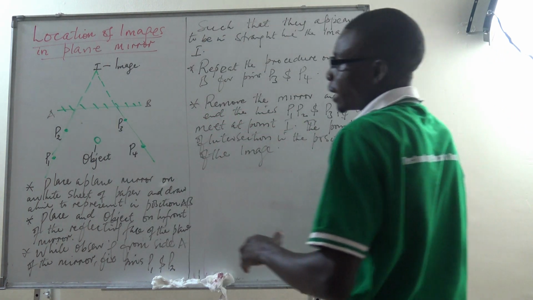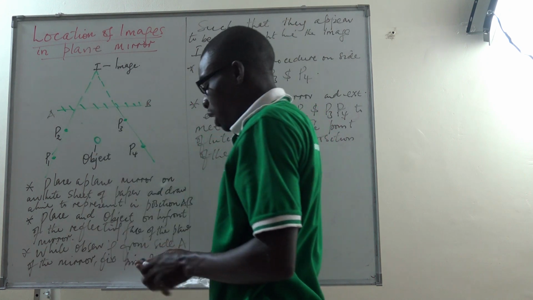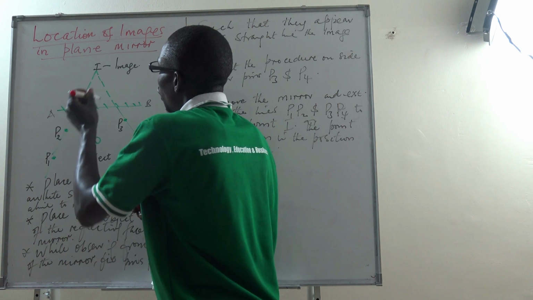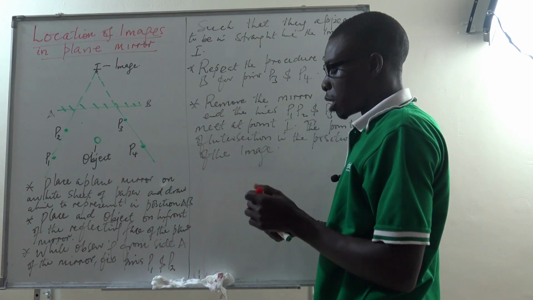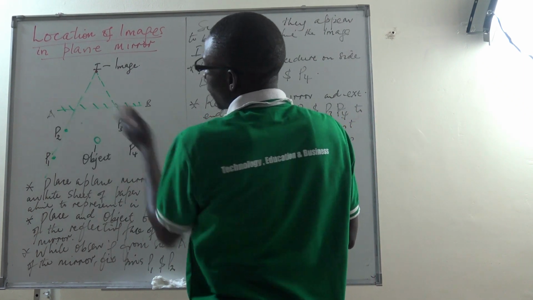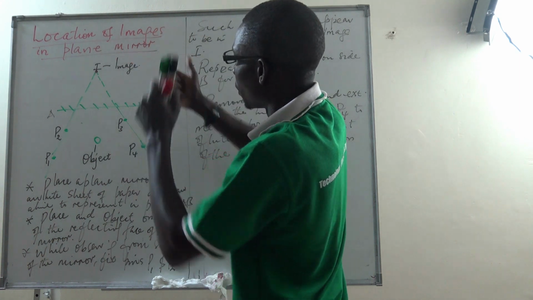So after placing an object here, what happens is the image will be formed somewhere behind here at point I. So now what you're supposed to do is move to the other side of the mirror. The mirror will be facing you, an object will be in front of it.